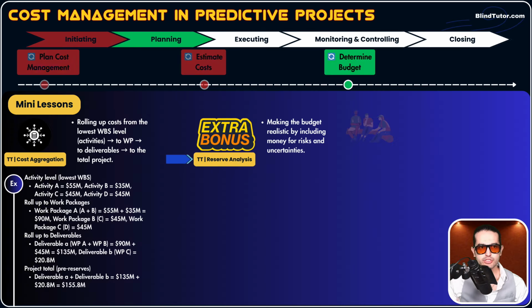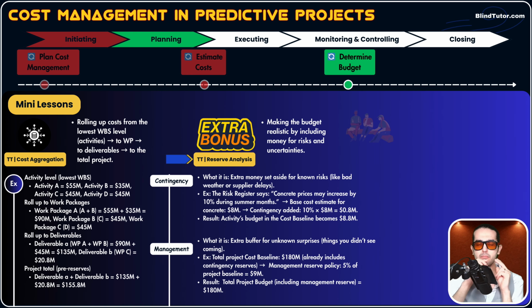Now guys, reserve analysis in this process helps us by determining the extra money we need to put aside for uncertainties. Guys, there are two types of extra money. Number one, contingency reserve. Number two, management reserve.